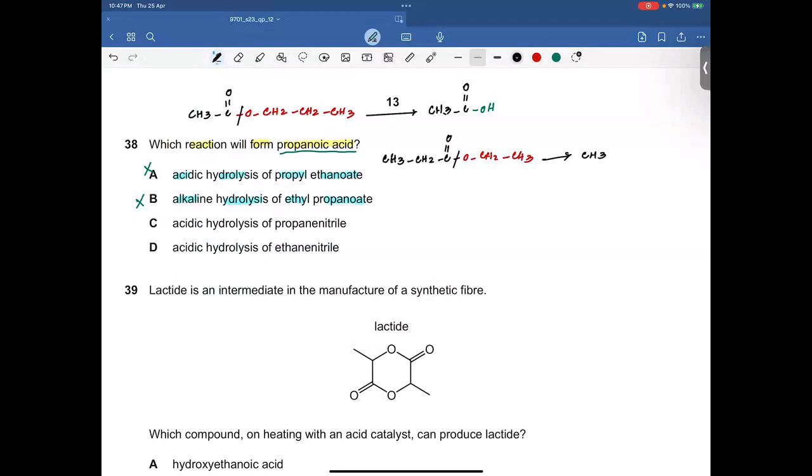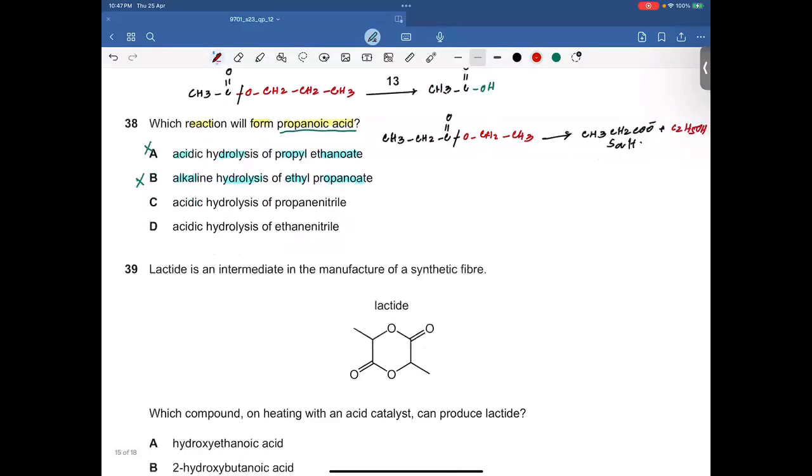CH3, CH2, COO negative, Na positive because it is alkaline hydrolysis. So that's your salt, plus alcohol. And the alcohol is basically C2H5OH, which is ethanol. So again, B is incorrect.